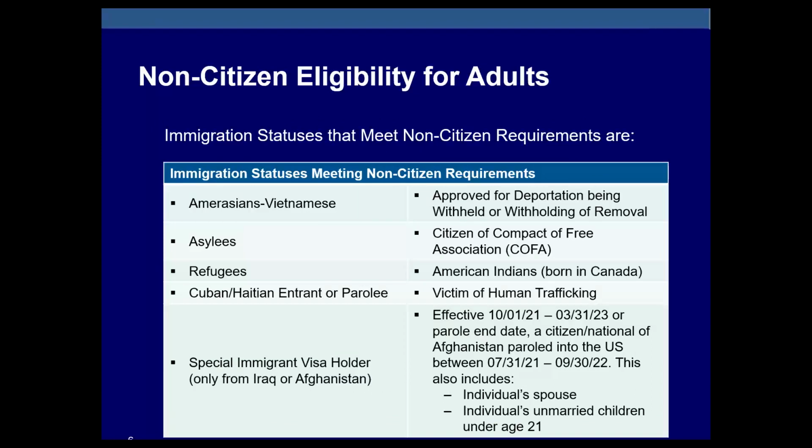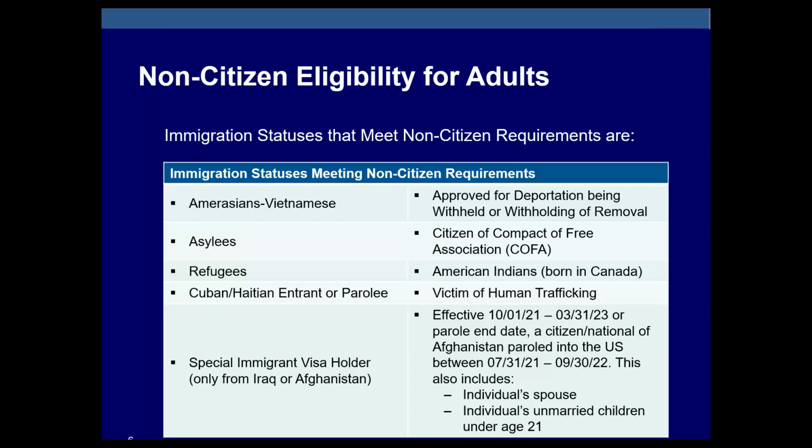Here, as you can see, we have immigration statuses that meet non-citizen requirements, and they are Amerasian Vietnamese, asylees, refugees, Cuban or Haitian entrant and parolee, special immigrant visa holder, so anybody from Iraq or Afghanistan, approved for deportation being withheld or withholding of removal, citizen of Compact of Free Association, which is the COFA, American Indians born in Canada, victim of human trafficking, and this is all effective October 1st, 2021 through March 31st, 2023, or parole end date, a citizen or national of Afghanistan paroled into the United States between July 31st, 2021 through September 30, 2022.